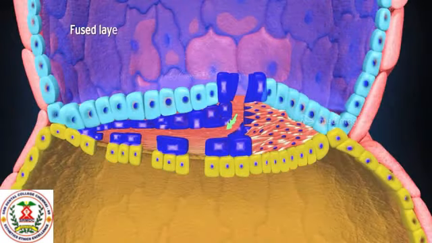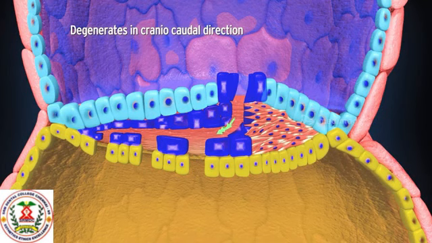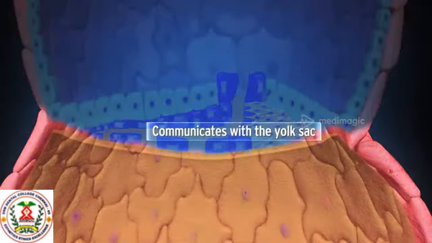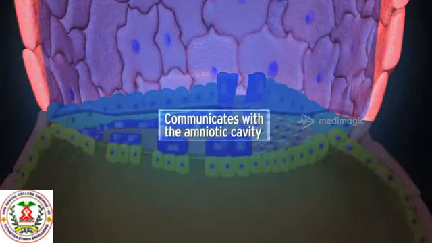The fused layers gradually degenerate in craniocaudal direction, resulting in the formation of openings in the floor of the notochordal canal. Thus, the notochordal canal communicates with the yolk sac. Through the primitive pit, the notochordal canal also communicates with the amniotic cavity.